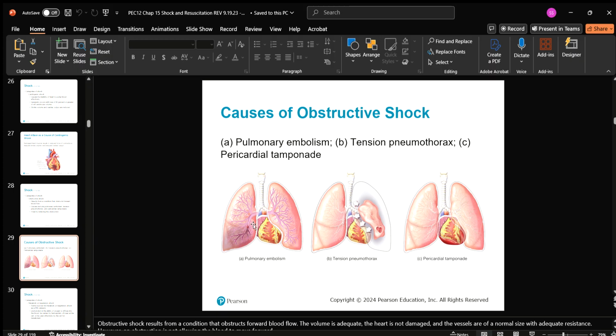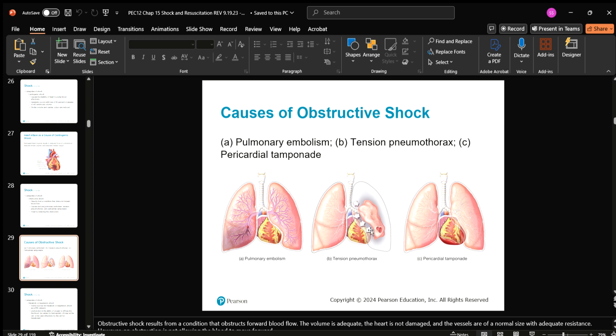We have this obstruction, so blood cannot flow all the way down to the alveoli. The gas exchange cannot occur, and because the gas exchange doesn't occur, we don't get the oxygen that we need.